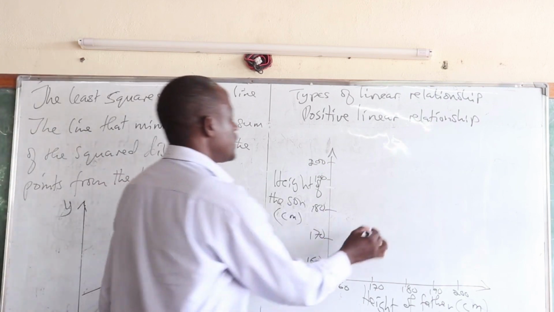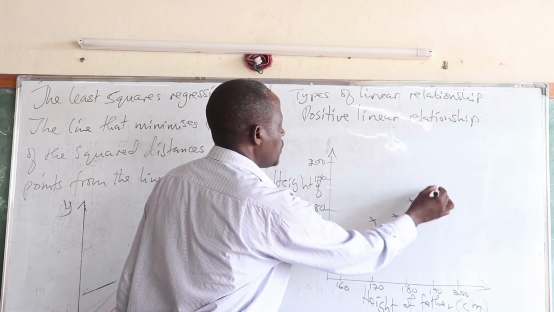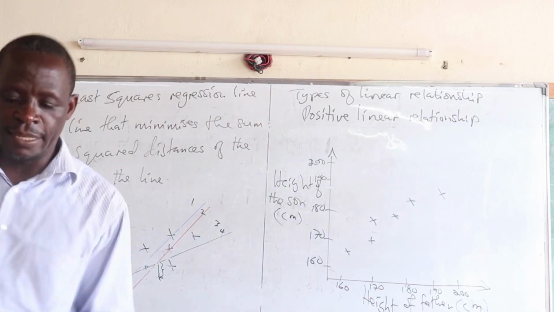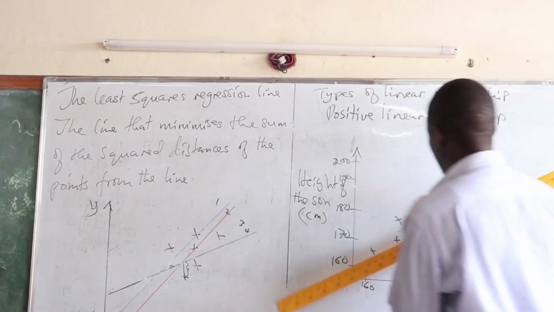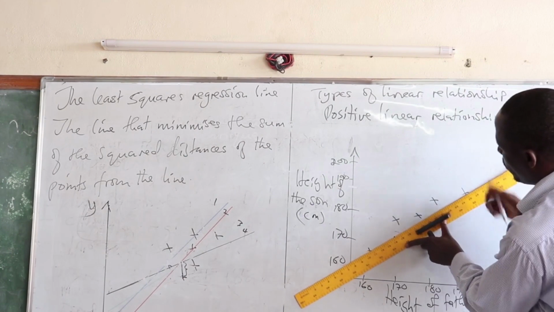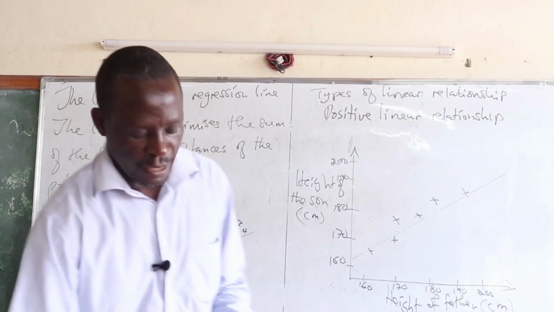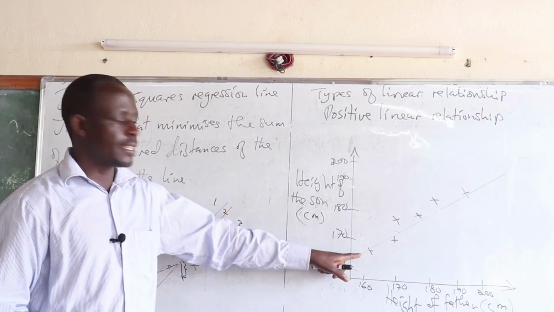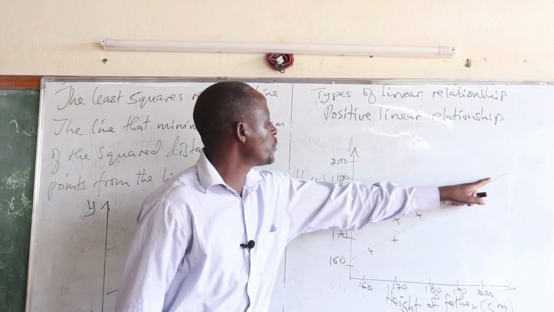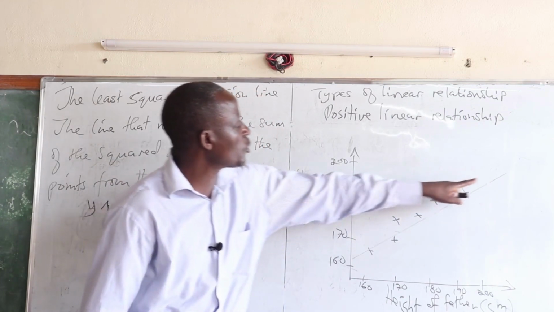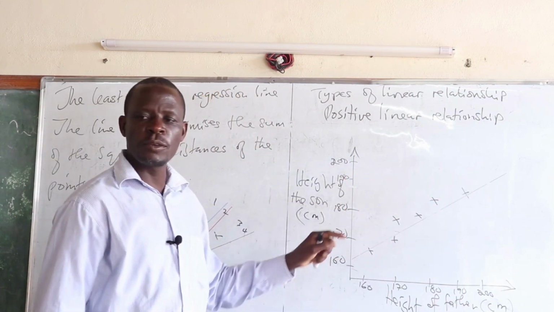When you have the points, and then you fit in the line, if the line is shown in this particular way, then we are saying there is a positive linear relationship, because when I'm here, the value of the son is also going to be a higher value, while when I'm there, the values are low.